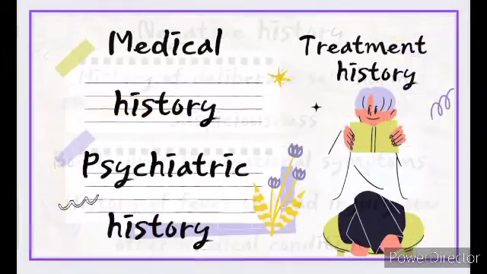After that, treatment history, medical history, psychiatric history. Any type of medical history the person has, and if the person has experienced another disorder before, any psychiatric history for that, we have to also write.